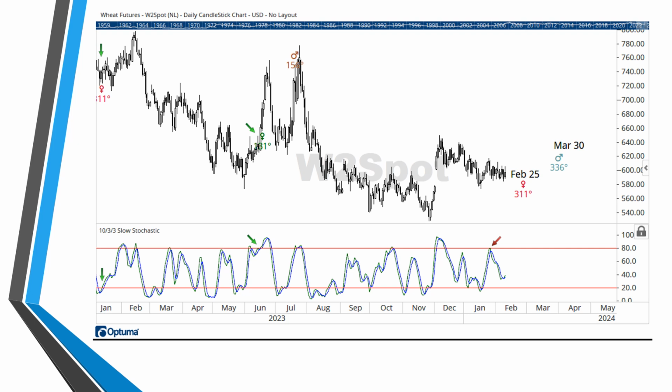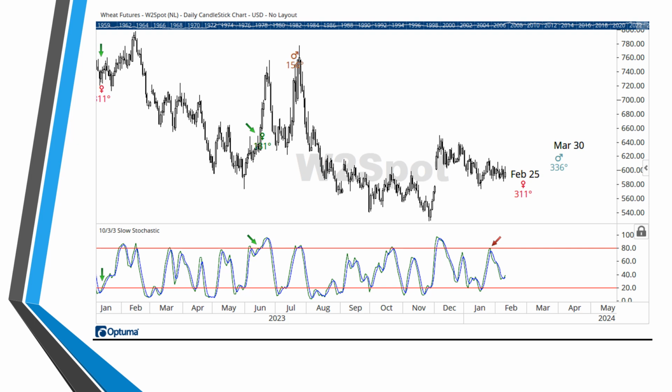That signals a problem. So you know that the price of wheat has been rallying. You know you've got Mars coming into 156 geocentric degrees. You know the stochastic is generally failing to give you that buy signal. What are you going to do? If you had been long, you're going to get the hell out of the way.